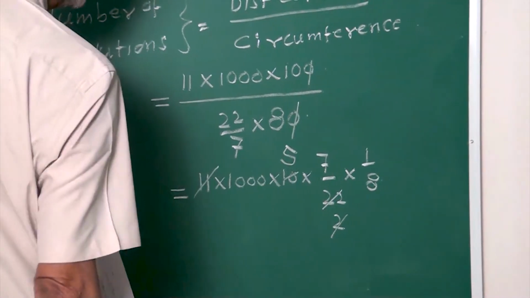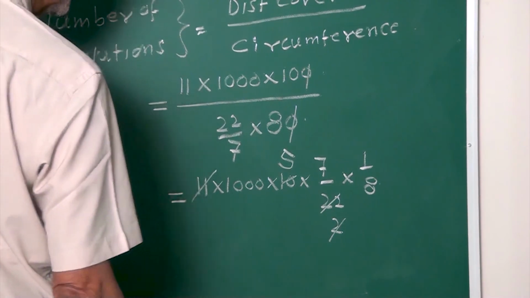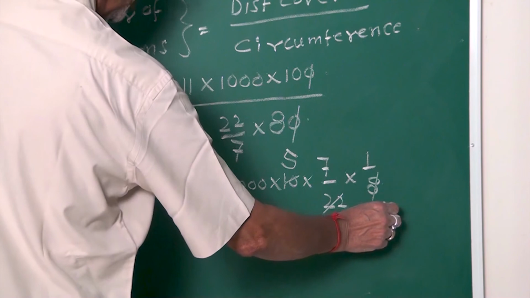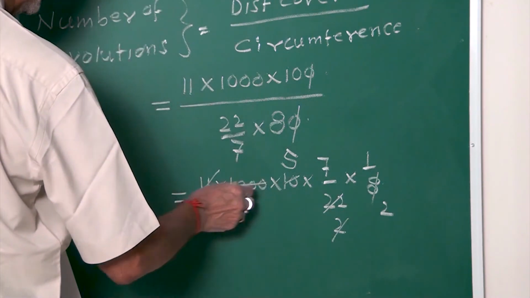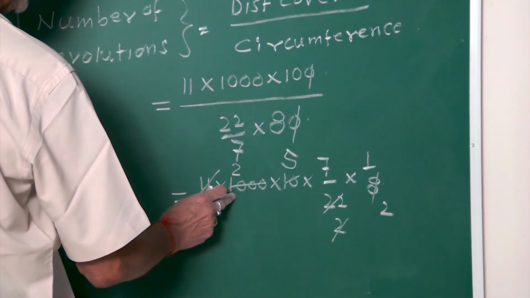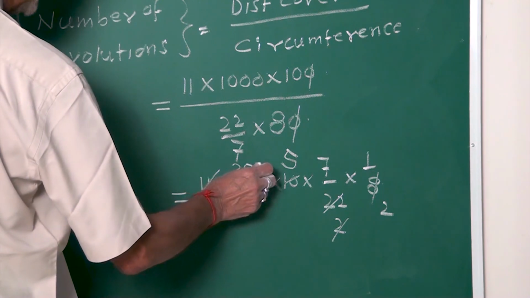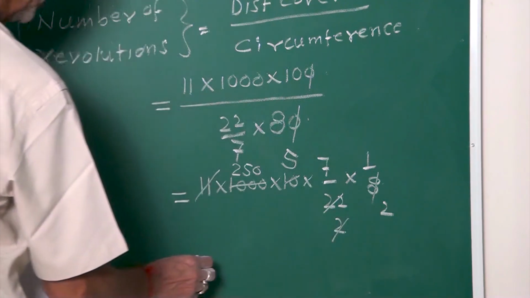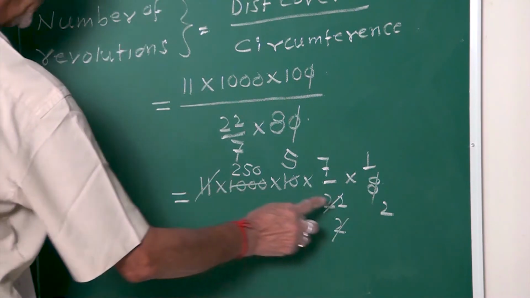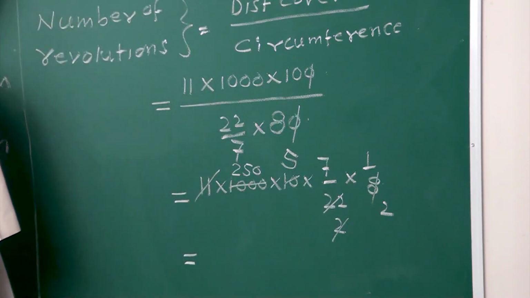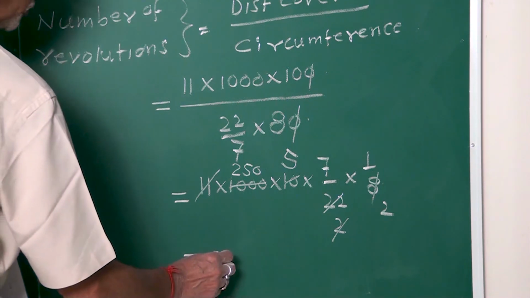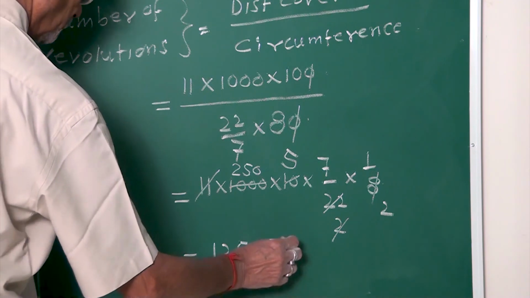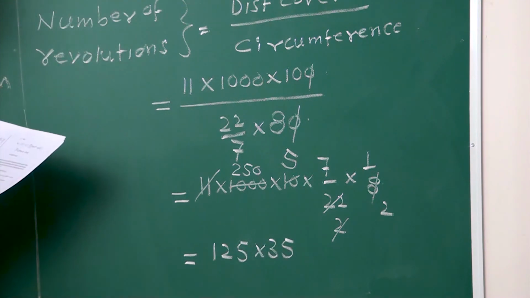Like this, my friends, you have to simplify. 250 can be cancelled once again, 250 divided by 2 is 125, into 7 into 5 is 35.